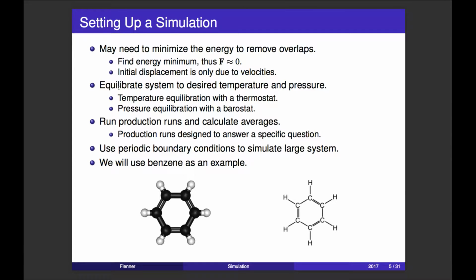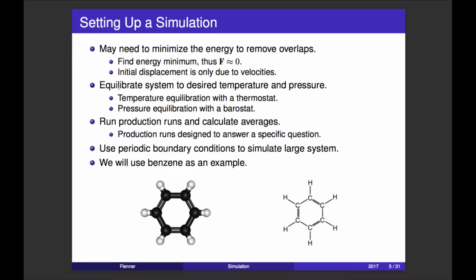So after you minimize the energy, we have to equilibrate the system to desired temperatures and pressures. You don't know the volume of the box, the density, essentially, of the system for a given thermodynamic condition all the time.